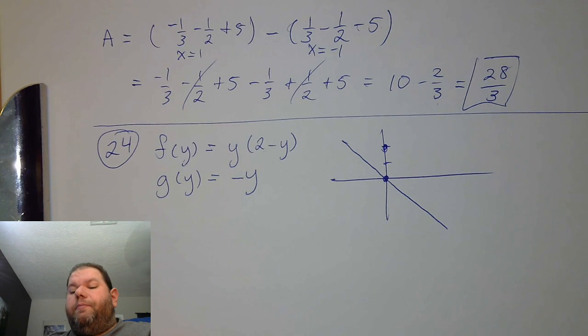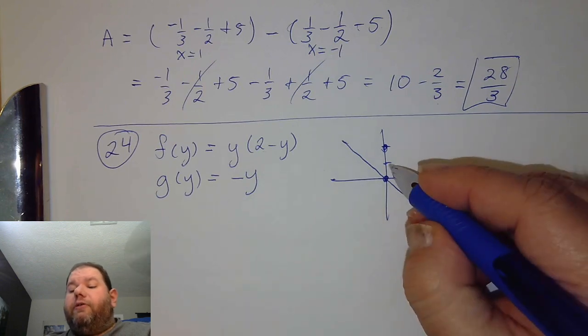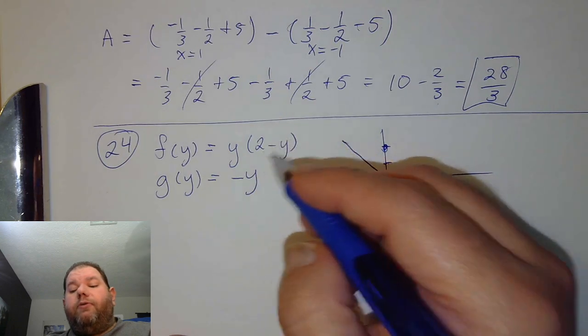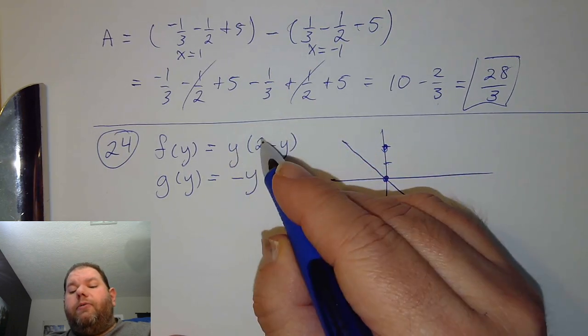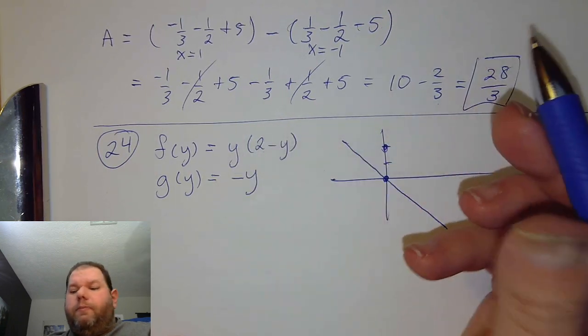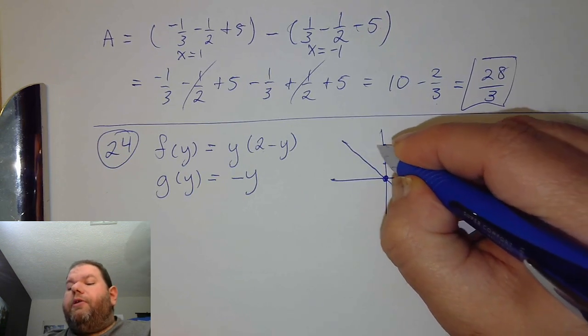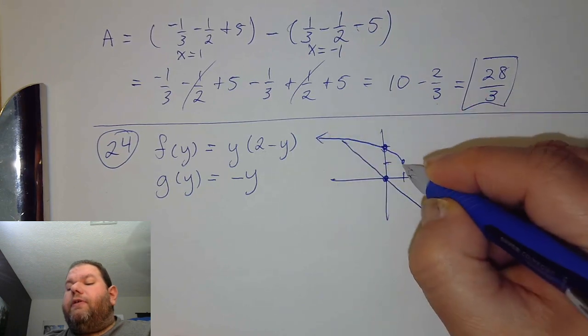And then we know that the vertex is halfway between the two intercepts, so the vertex would be at y equals 1. If we plug in y equals 1, 1 times 2 minus 1, 1 times 1 is 1. So we'd end up with a parabola such as this.